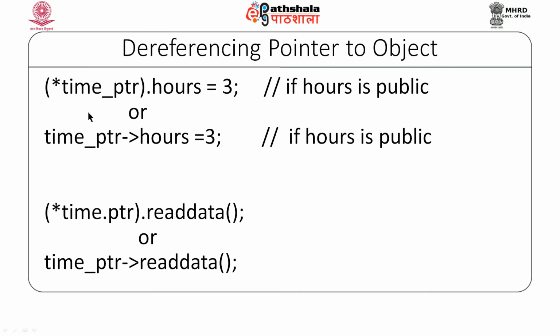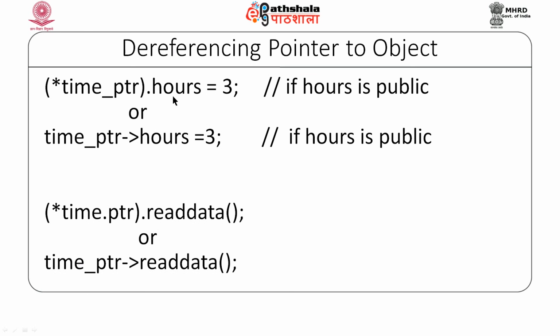Once we dereference it like this, we will get an object, and then we can use the dot operator and then the name of the member which we wish to access. In this case, ours is a data member. So, we will be able to access it like this in main or any non-member function only if it is declared public, but normally we do not declare data members public. So, if it is not public, it will not be accessible, but if it is public, this is how we can access it.